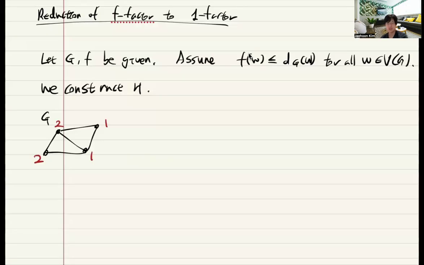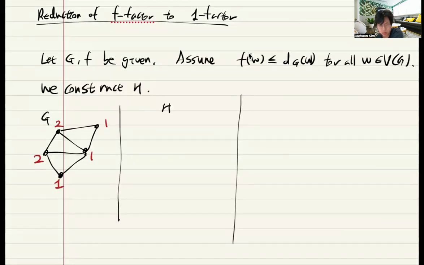Let's say 1. This is our G. And then how do we construct our H? We do it this way.